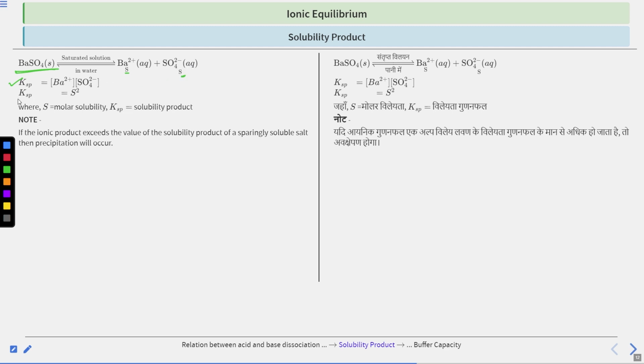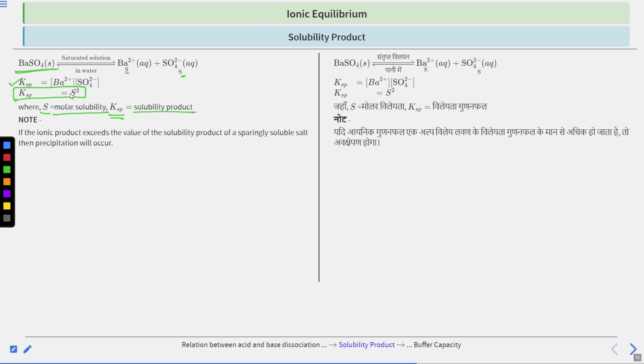So Ksp comes out as S squared. S is molar solubility and Ksp is solubility product. This is important. This is the example of how we can calculate the solubility product for a reaction going under dissociation.